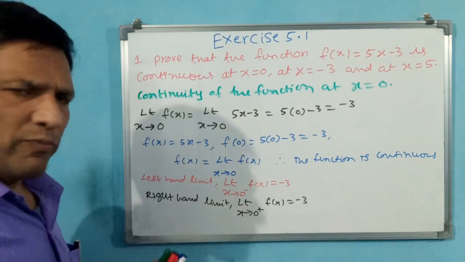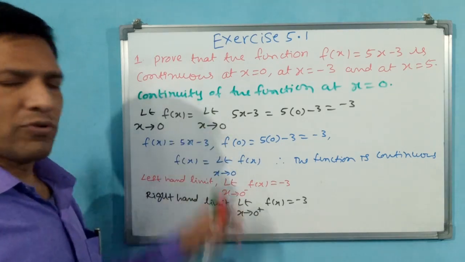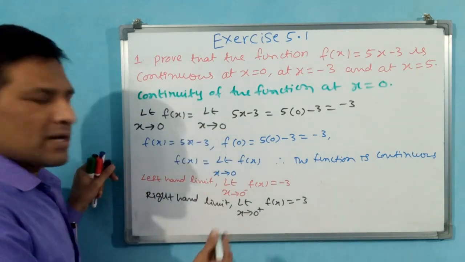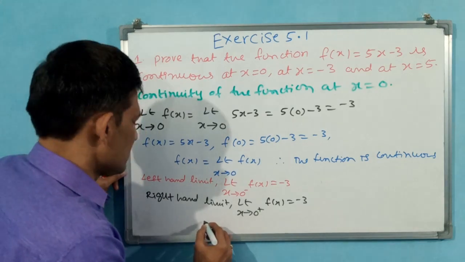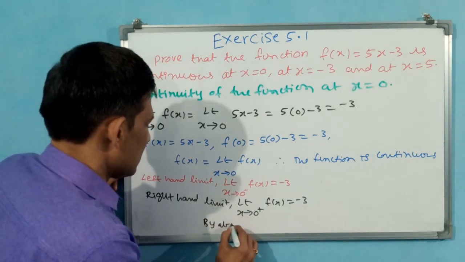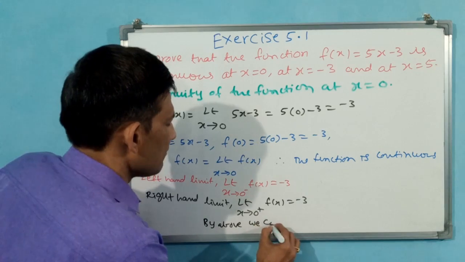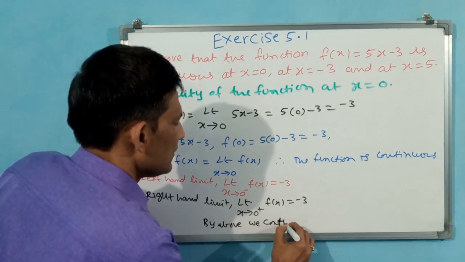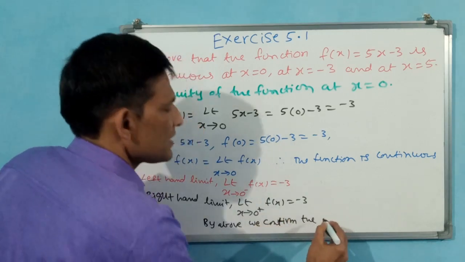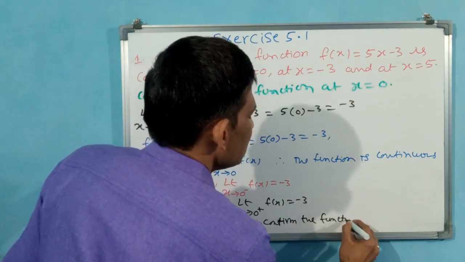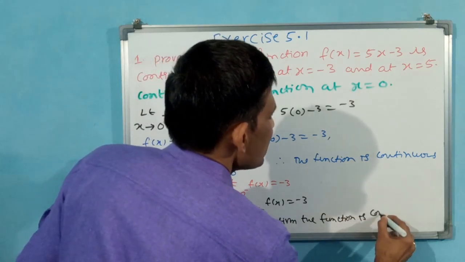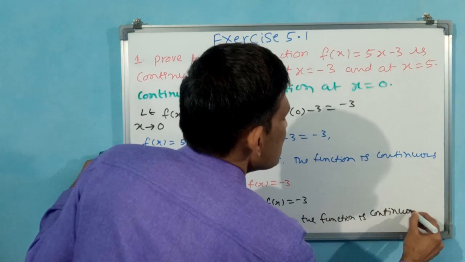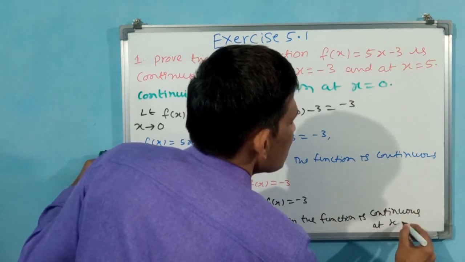Or else, simply, if you want to skip the procedure for small marks, directly you can write: by the above we confirm the function is continuous at x is equal to 0.